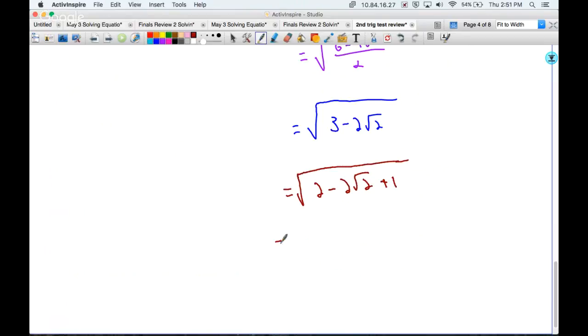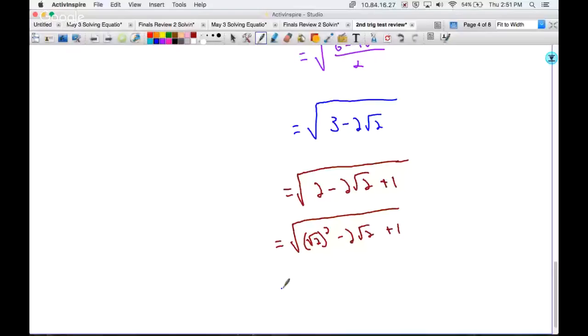Now that 2 can be rewritten as the square root of 2 squared minus 2 root 2, a perfect square. This is the square root of 2 plus 1, no, wait, minus 1 squared.